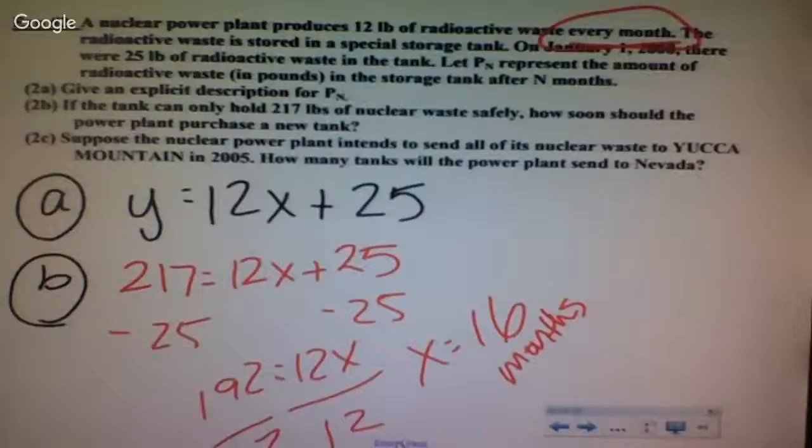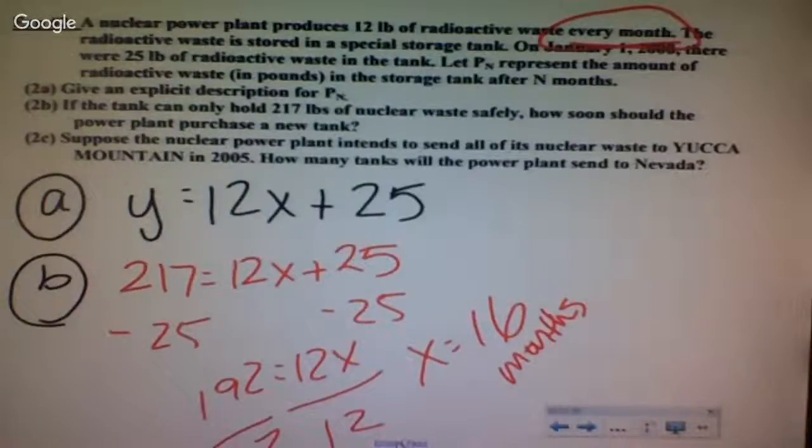Suppose that the plant intends to sell all of its nuclear waste in 2005. How many tanks will the power plant send to Nevada? So 2005. How many years have passed? 5. But x is in months.